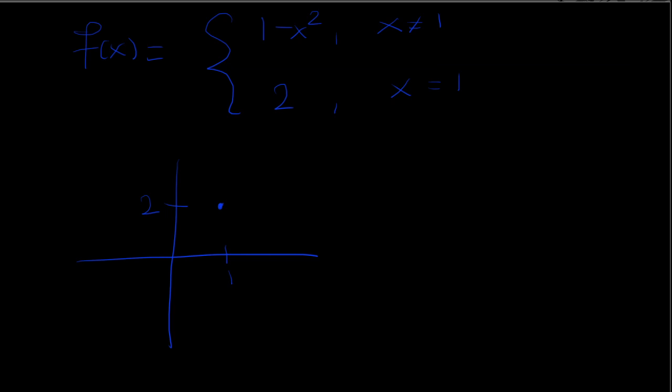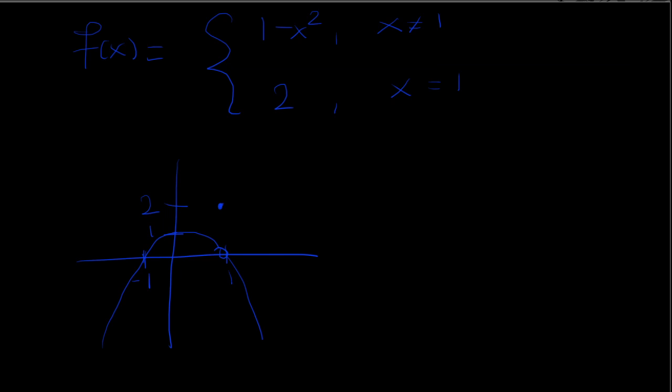And 1 minus x squared is going to be a parabola facing down. So the roots are going to be at -1 and 1. And there's a hole going to be at 1, 0 there.